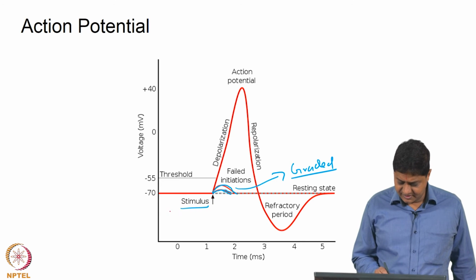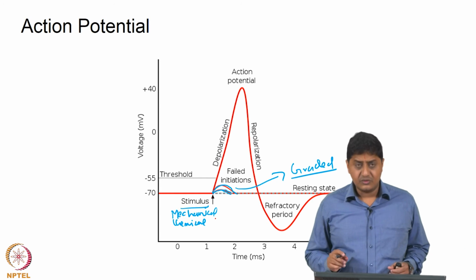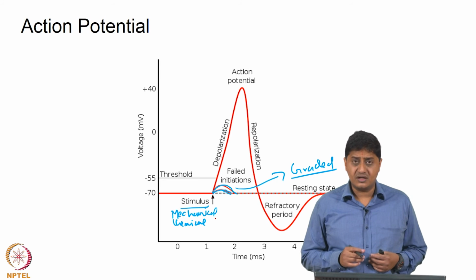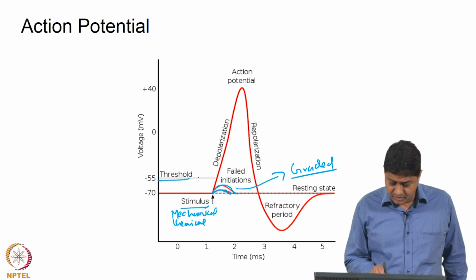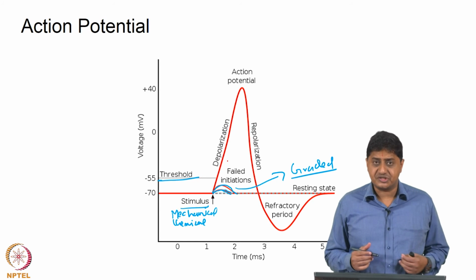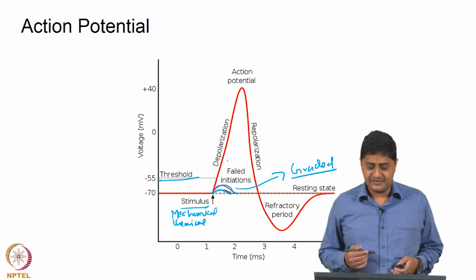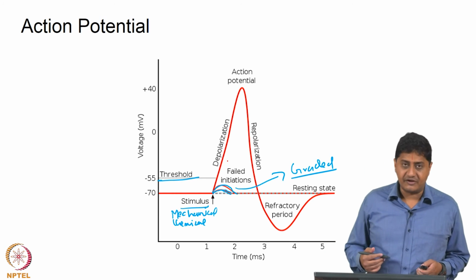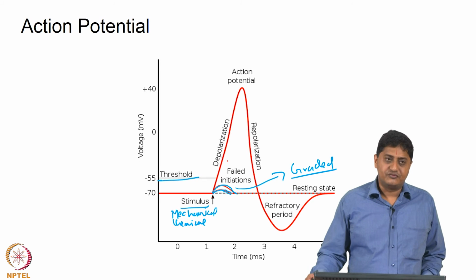Various things I already mentioned: mechanical stimuli, chemical ligand gated channels, and a whole bunch of factors could act as stimuli that could cause slight depolarization. Sometimes when it reaches the threshold, some magic will happen when it crosses the threshold. What happens when it crosses the threshold is something that we will have to see. With this we come to the end of this lecture. I will continue in future classes. Thank you.